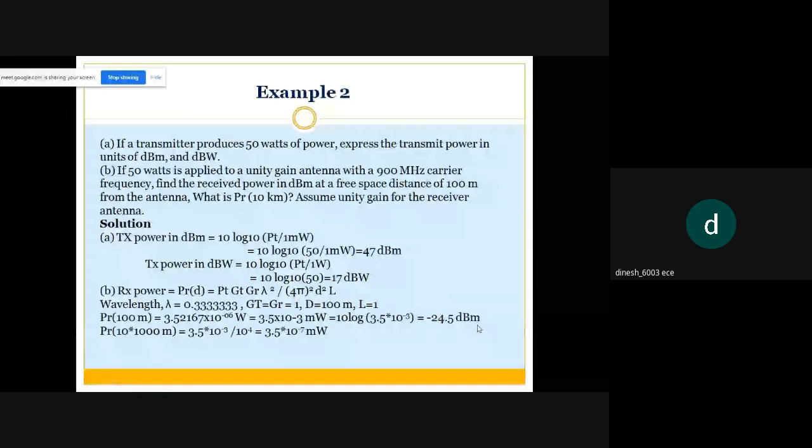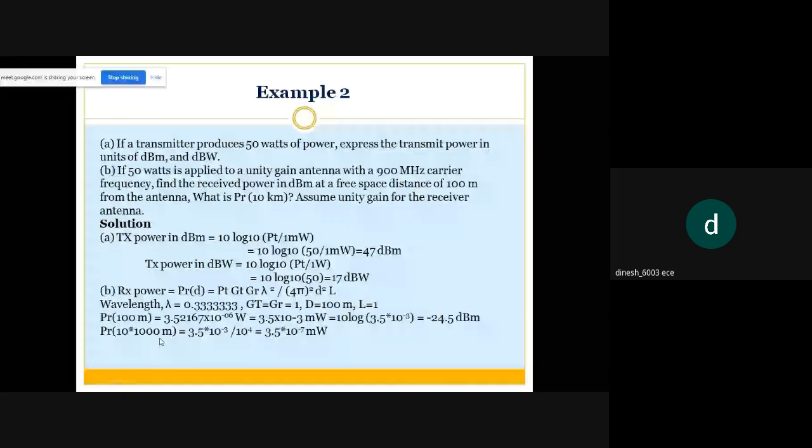So next is for 10 kilometers. What is the received power for 10 kilometers with the same specifications? Find it for 10 kilometers. So PR of 10 kilometer, which is 10 into power 3, which is 10 into 1000 meters.